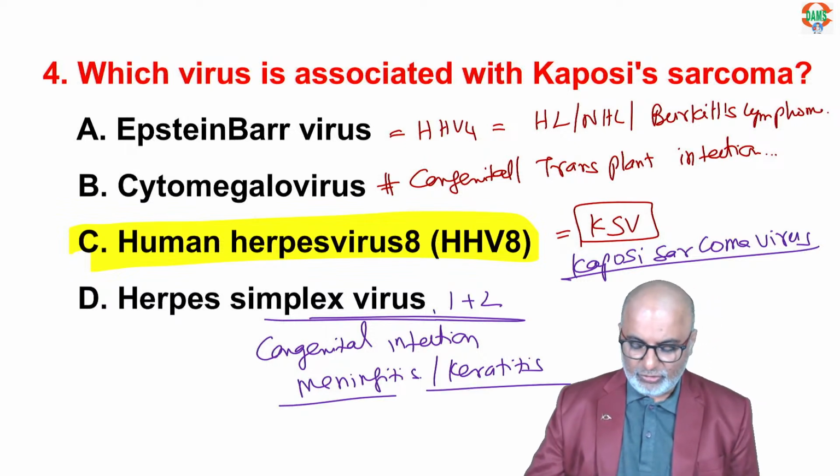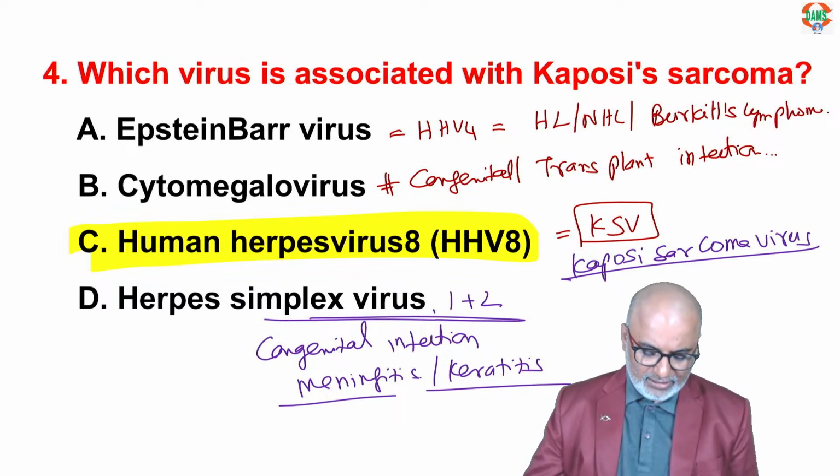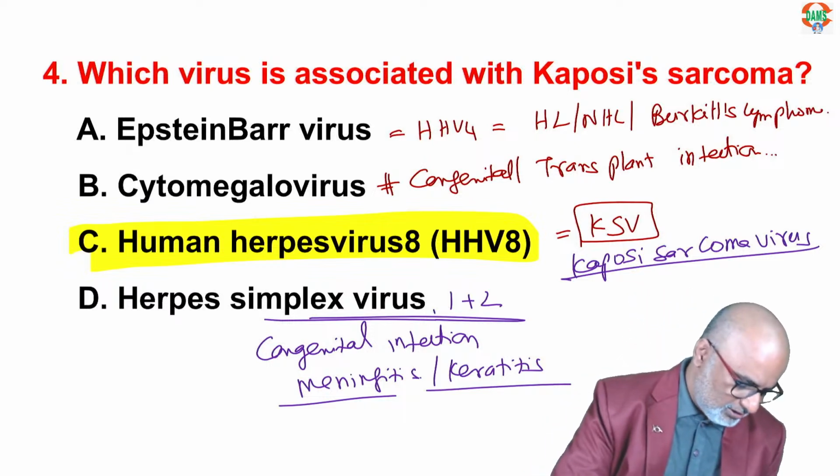So the virus associated with Kaposi sarcoma is human herpes virus 8. Got it, my dears? Right.